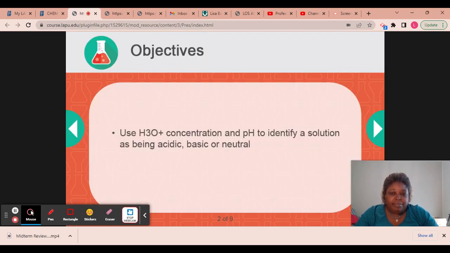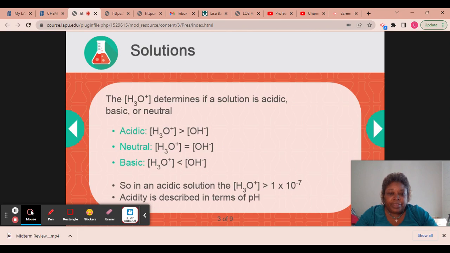And so when we're talking about the pH scale, we're determining if a particular solution is acidic, basic, or neutral. And so there is what is called the concentration of H3O plus and the concentration of OH minus. When you have H3O plus in these square brackets, that represents the concentration of. And the same thing with the OH minus in these square brackets, that represents the concentration of.